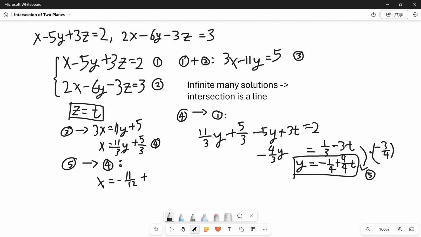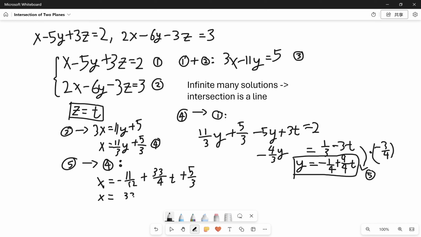And then we add that to 11 over 3 times 9 over 4 t, which we can simplify to 33 over 4 t.